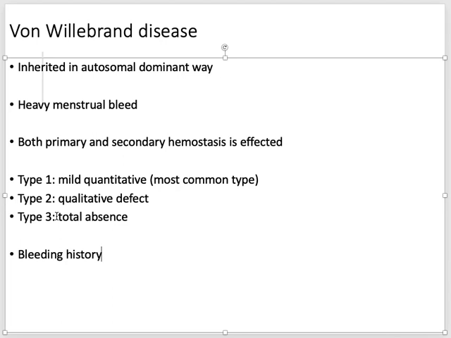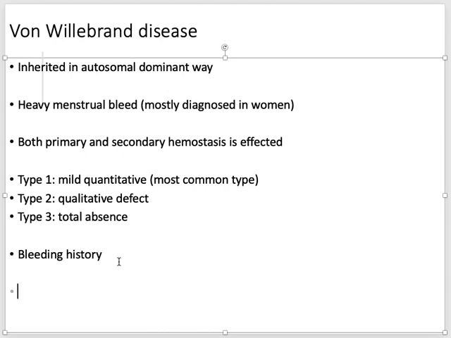Because it's primary hemostasis, remember: superficial bleeds, mucosal bleeds, epistaxis, or heavy menstrual blood flow. It is mostly diagnosed in women. Also petechiae, purpura, ecchymosis. So superficial bleeds, simply.